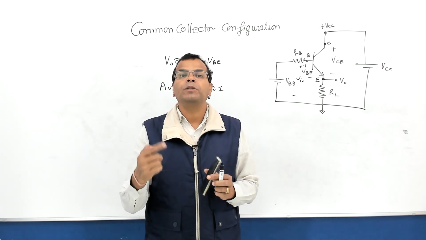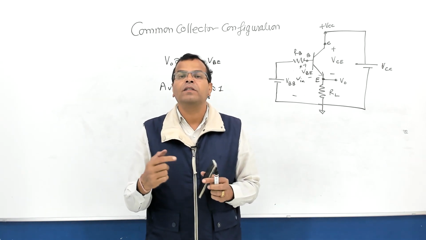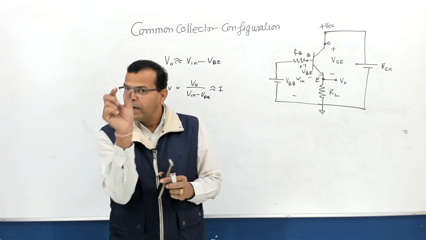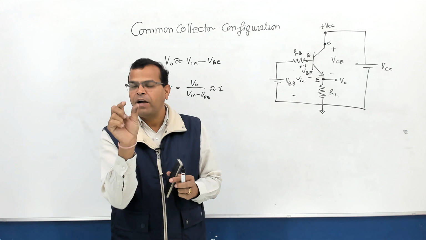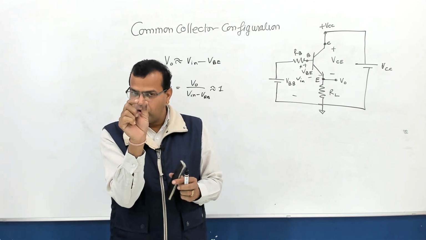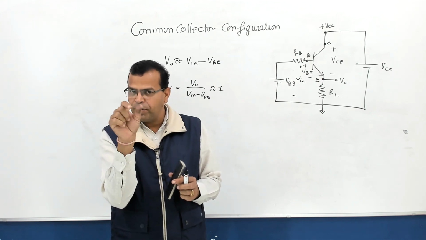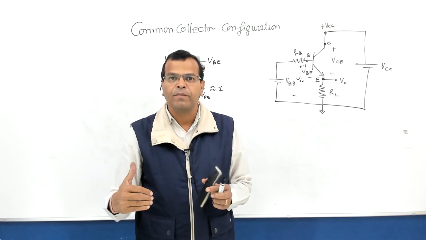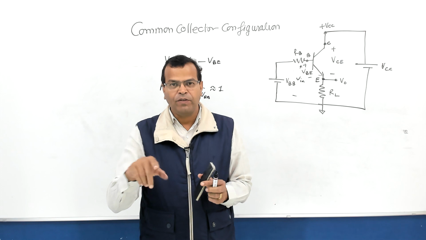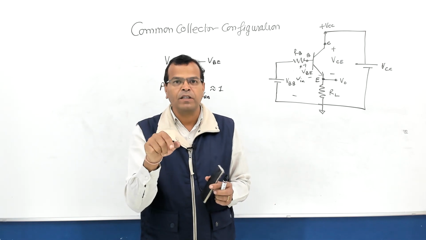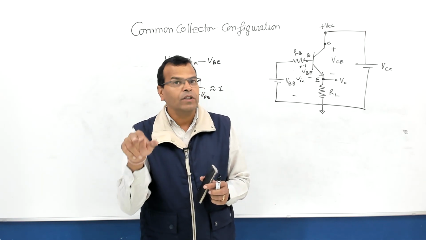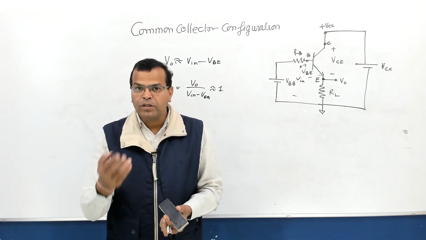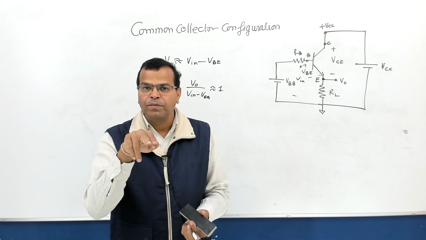So I want to increase the power of a digital signal without changing its voltage level. I will give that signal to an amplifier whose voltage gain is unity but current gain is high. That will increase the power level of the digital signal without changing the voltage level. And common collector configuration is such a configuration which does not change the voltage level.